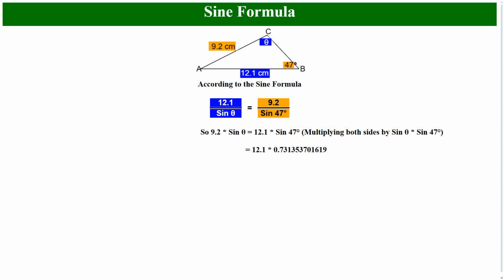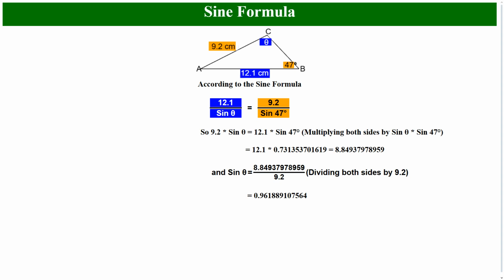And looking up sine 47 degrees on a calculator, it's that. And doing that multiplication gives us this, 8.849. And now to get sine theta on its own, divide both sides by 9.2, and we have this.